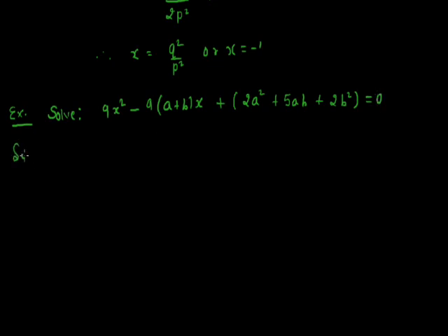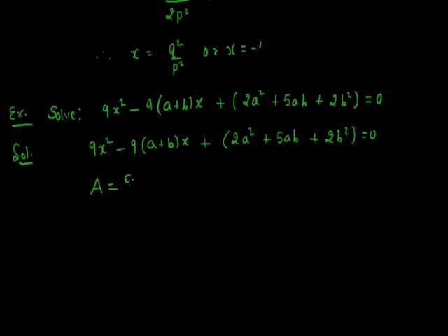Now solution of this: 9x square minus 9 a plus b multiplied by x plus twice a square plus 5ab plus twice b square equal to 0.